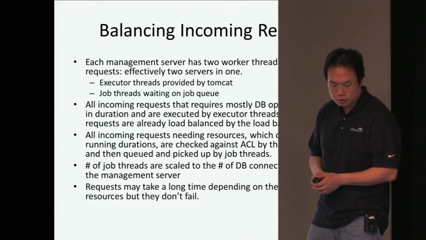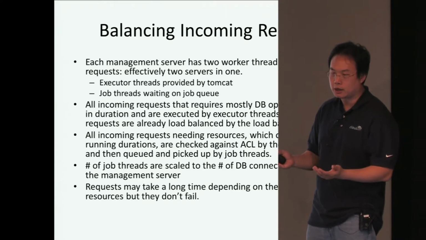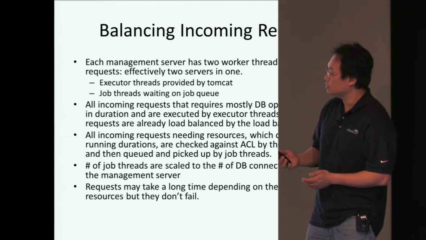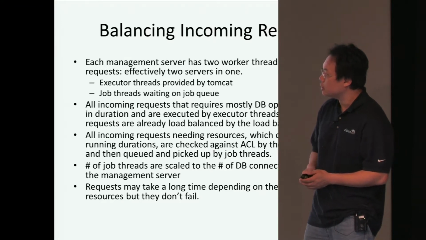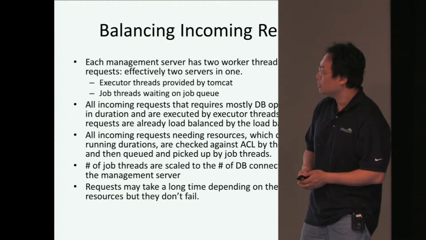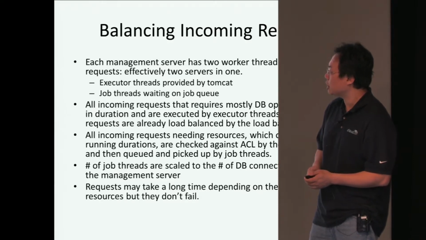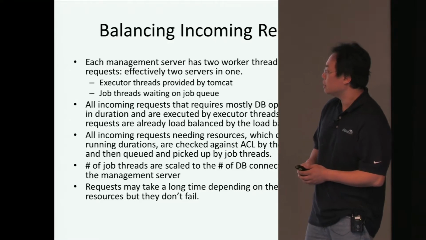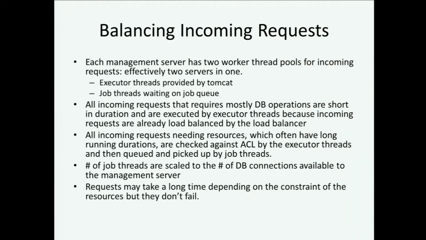So what we do is we check it against ACL, make sure the user can actually execute that request, and then we queue it into this job management layer, which today is backed by a database queue, and it gets picked up by job threads. In multiple management server cases, those job threads are spread across the management layer. Whoever has free threads will pick them up.